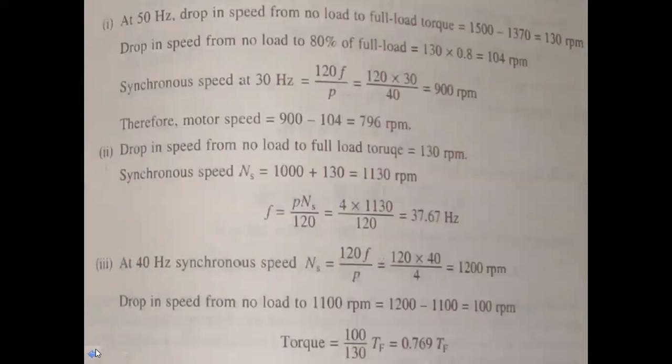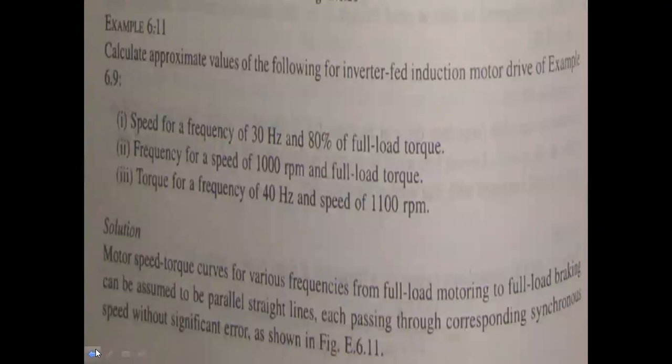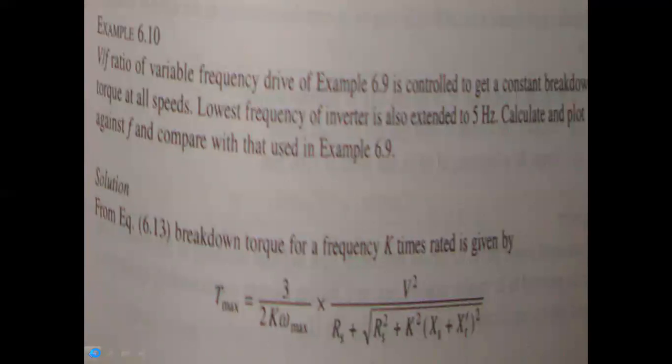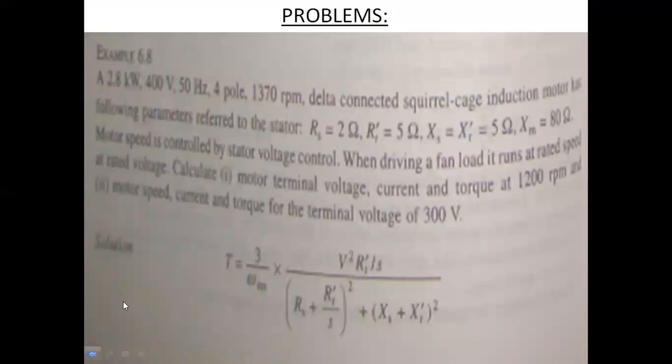See here, example 6.9. This is the given data: 2.8 kilowatts, 400 volts, 50 Hz, 4 pole, 1370 RPM. So we have to remember this 400 volts terminal voltage, 50 Hz frequency, and 4 poles, 1370 RPM.